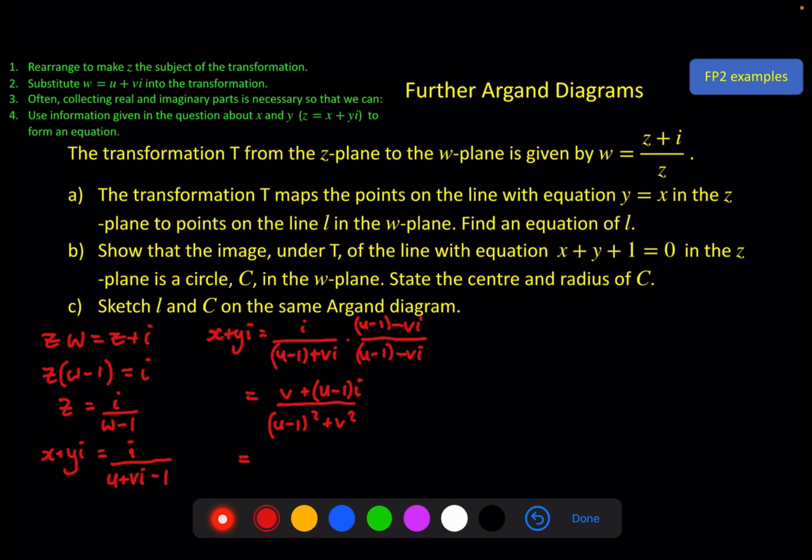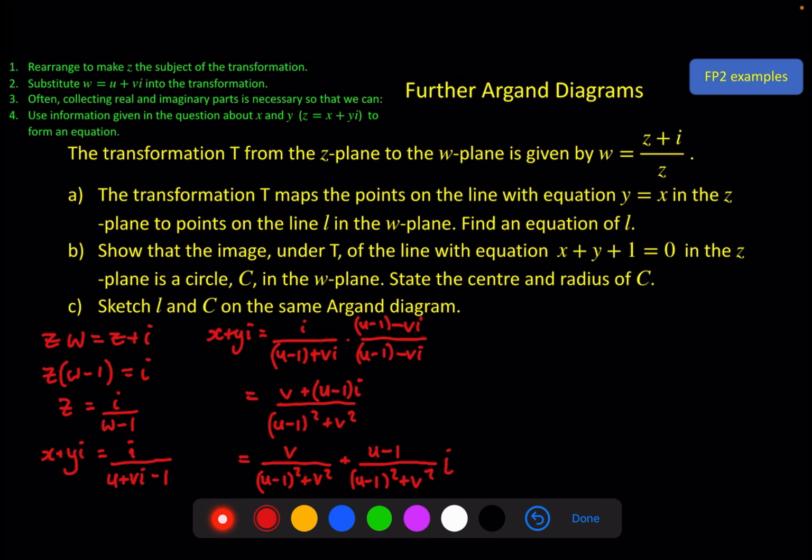So if I were to write this out, v over u minus 1 squared plus v squared for the real part, and then plus u minus 1 over u minus 1 squared plus v squared i for the imaginary part.